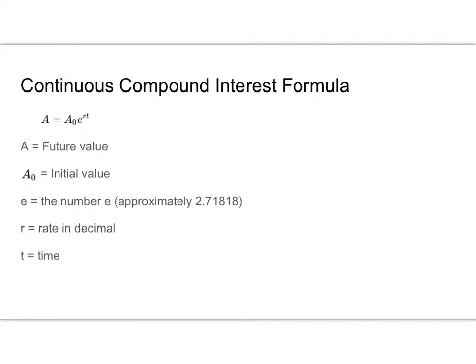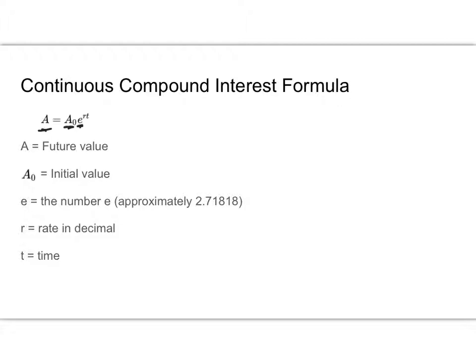So first let's talk about the continuous compound interest formula. It's A equals A sub 0 e to the RT, where this A over here is the future value. This is my initial value. E is the number e, which is about 2.71818.